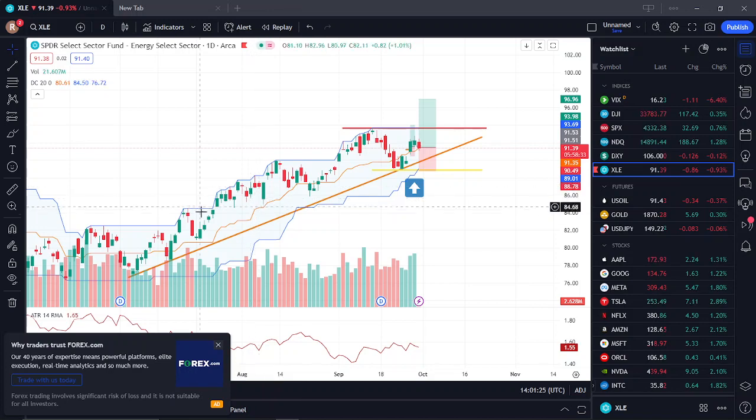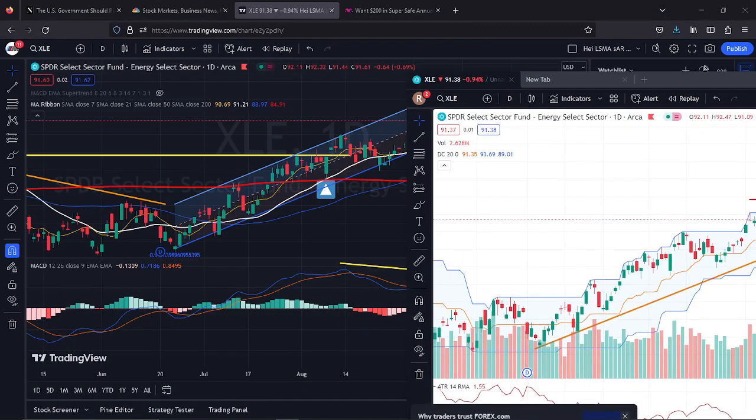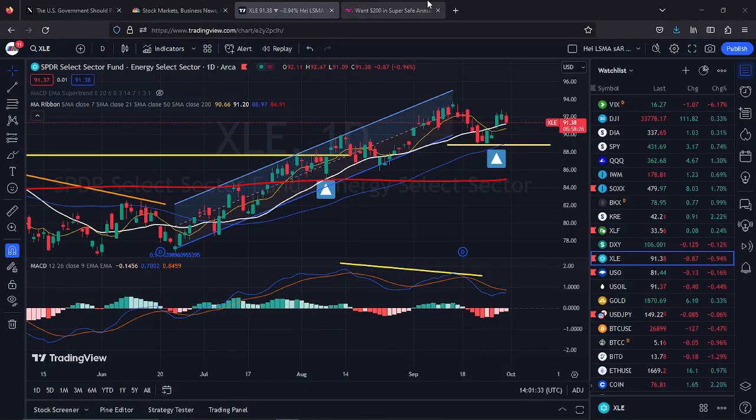Yeah, it's this thing. Now the big thing is that the problem is the MACD. So I have a bigger retracement instead of staying inside this up channel. I have a bigger retracement.